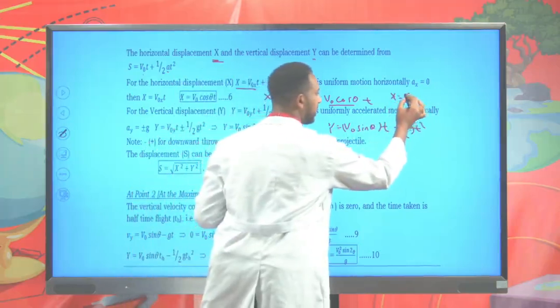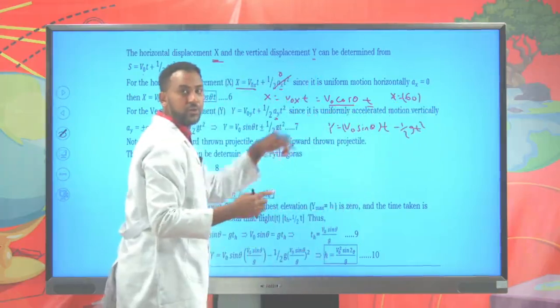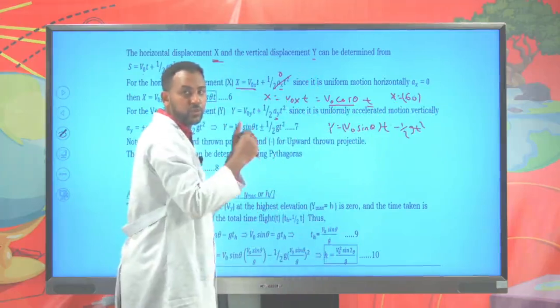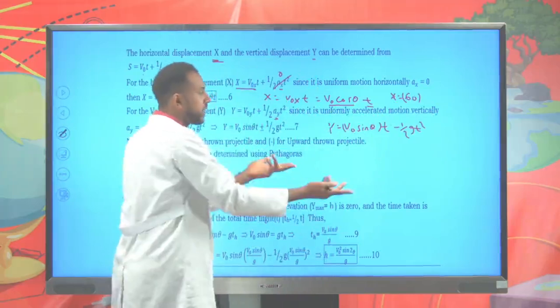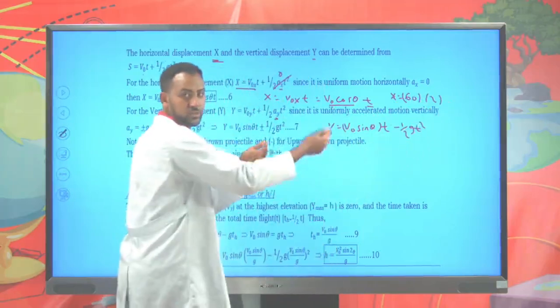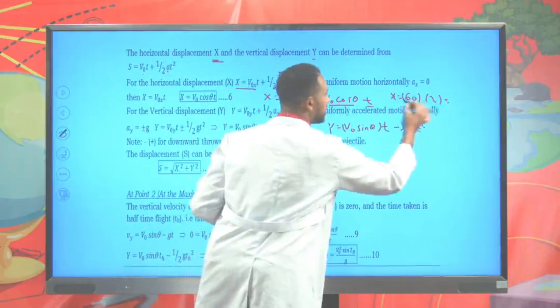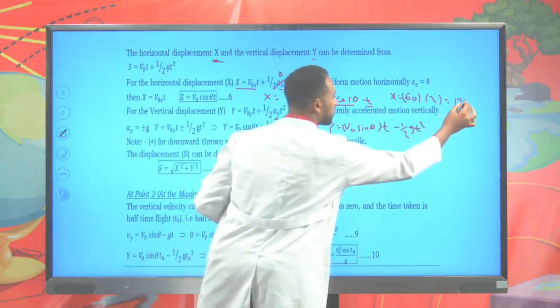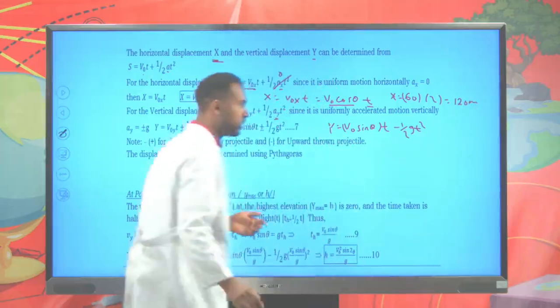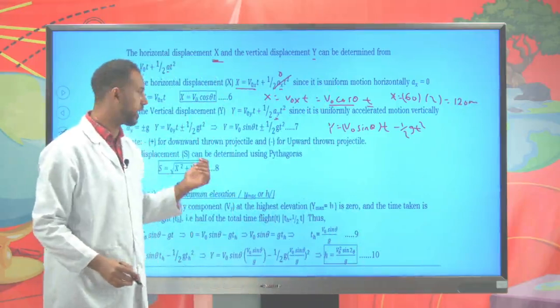Here we have a time variable. If you are asked to find the displacement after 2 seconds, you use 2 seconds; after 3 seconds, you use 3, whatever the time given. So in this case, the horizontal displacement is 120 meters.